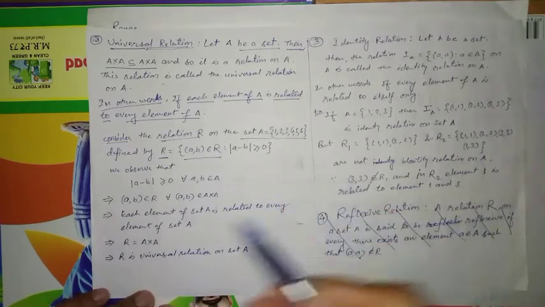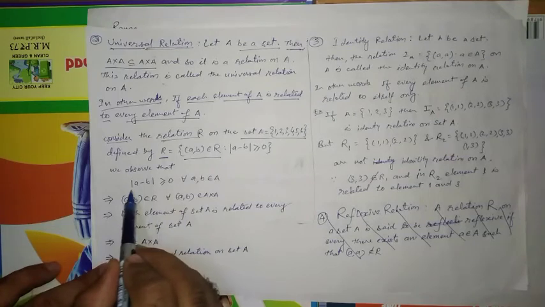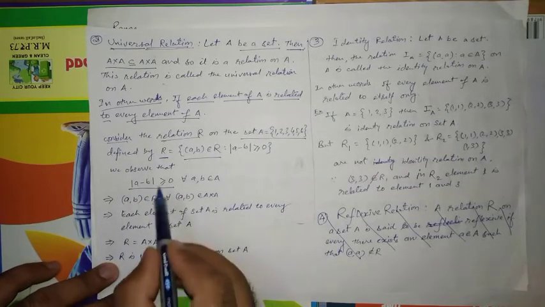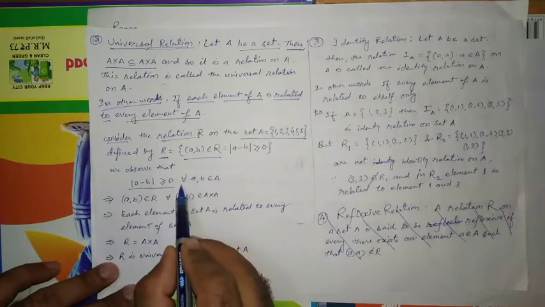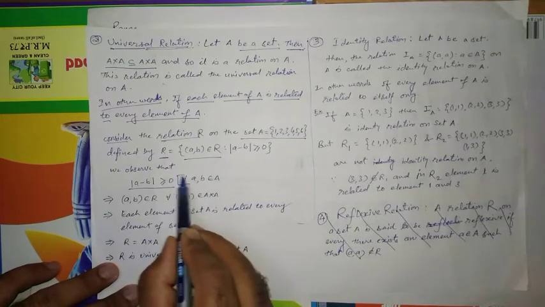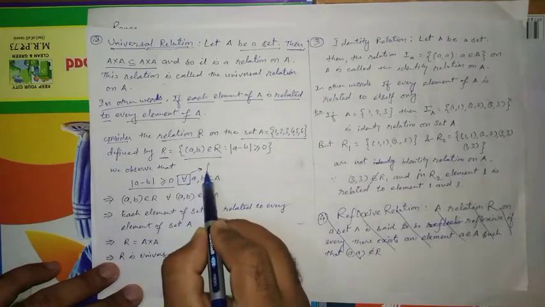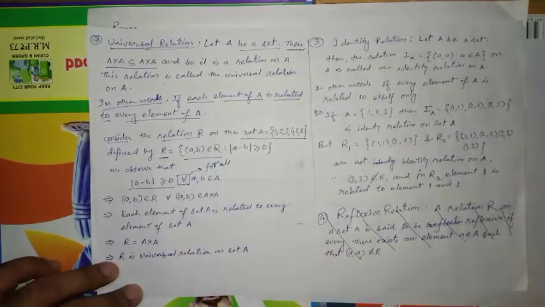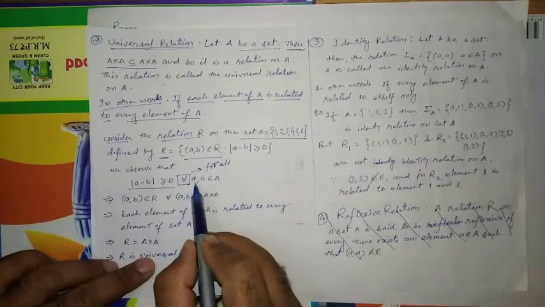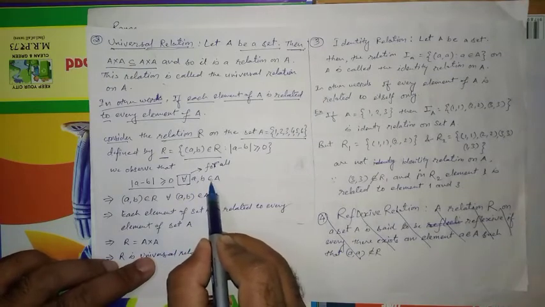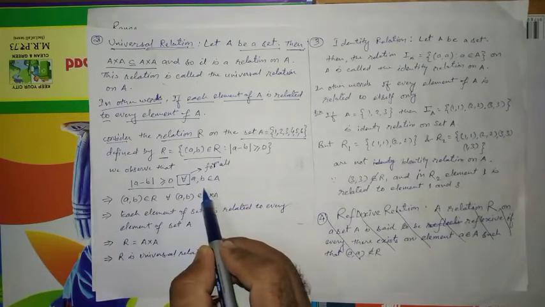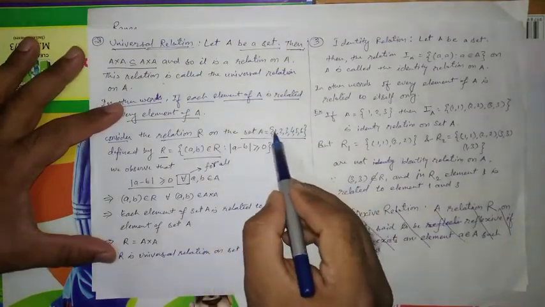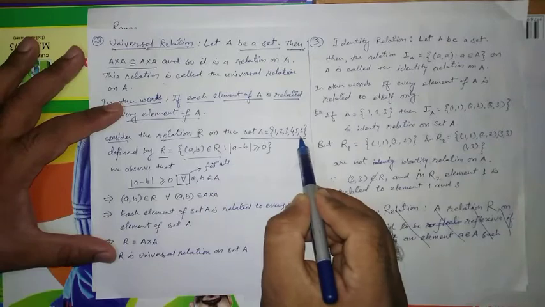So likewise we observe that modulus of a minus b is greater than or equal to 0 for all (a, b) belonging to A. Here we have the values 1, 2, 3, 4, 5, 6.